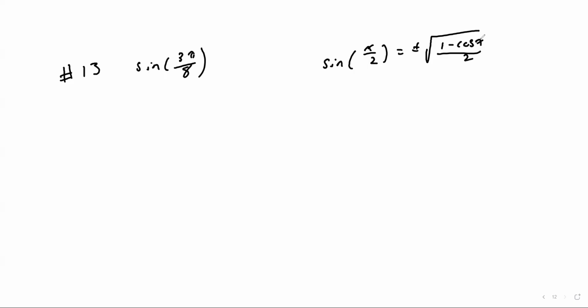So if we call this x and we're saying that this is going to be half of that, then x would just be 3 pi fourths. So if we say that this right here is the same thing as 3 pi fourths divided by 2, keep, change, flip, this does in fact equal 3 pi eighths.